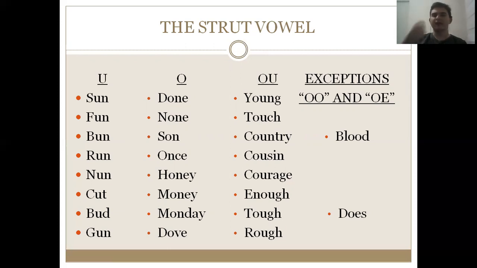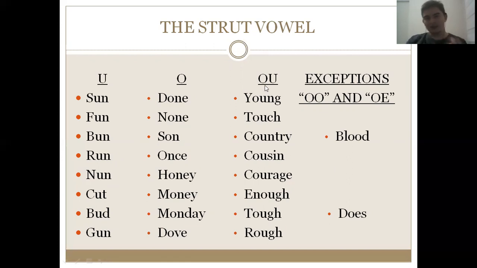Or done, none, sun, once. You can hear the sound. And as you can see from "none" and "nun", this is a homophone. I mean, this is another reason why people can't pronounce some certain words.